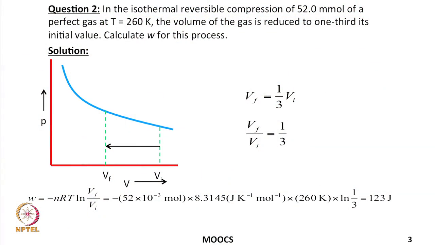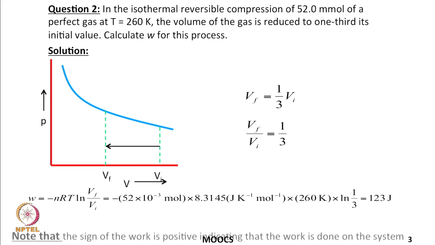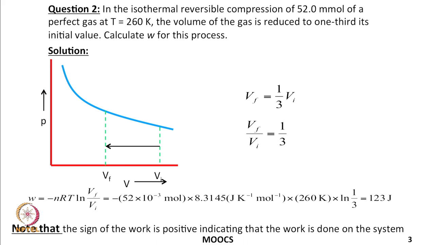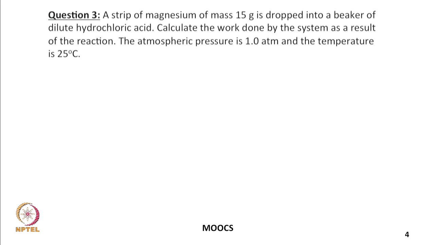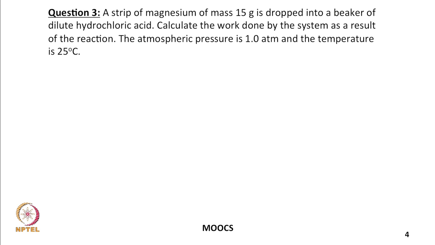Now, let us move on to another problem. Question 3, a strip of magnesium of mass 15 gram is dropped into a beaker of dilute hydrochloric acid.